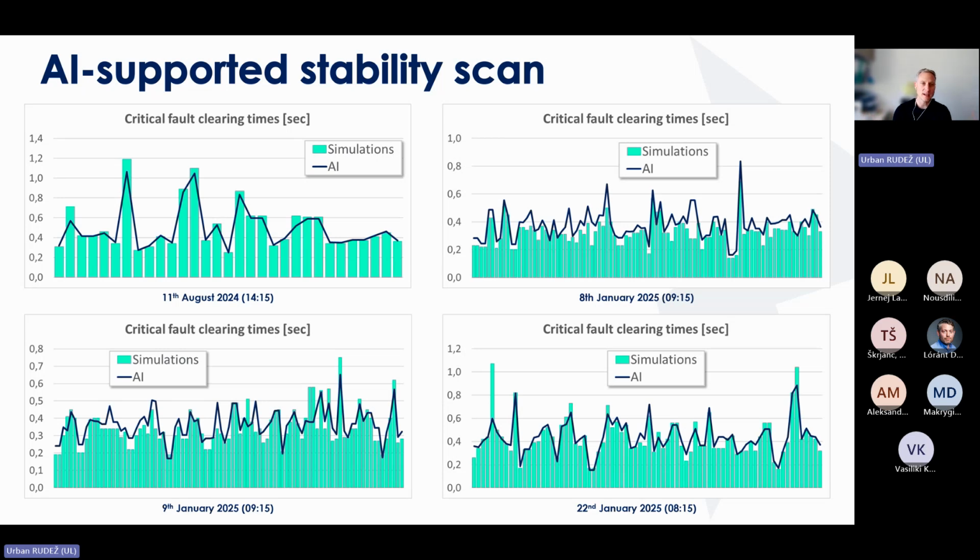And the AI provided the values shown with the blue line. You can see that for the initial guesses, those AI-supported stability scans offer a very, very good indication. In this way, we avoid doing too many time domain simulations, and we decrease the calculation time by quite a significant portion, and you will see the exact numbers in the continuation.